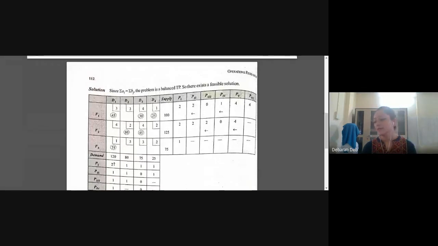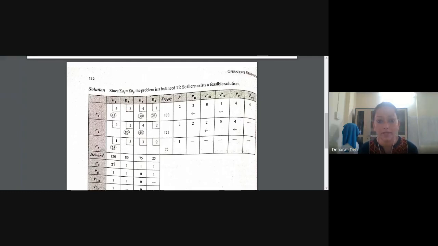Since summation Ai equals summation Bj equals 300, the problem is a balanced transportation problem, or TP, you write.